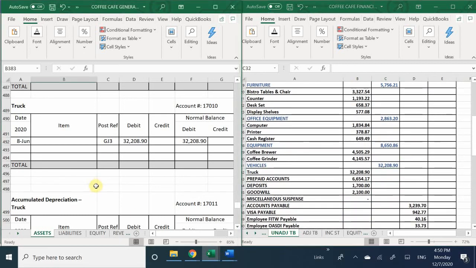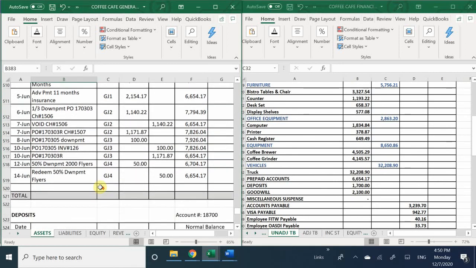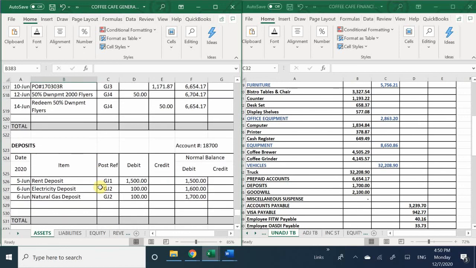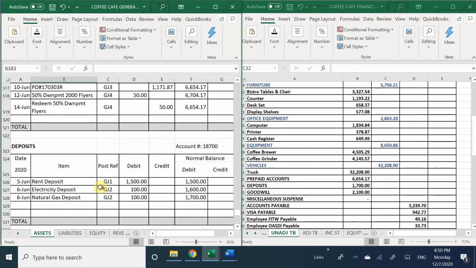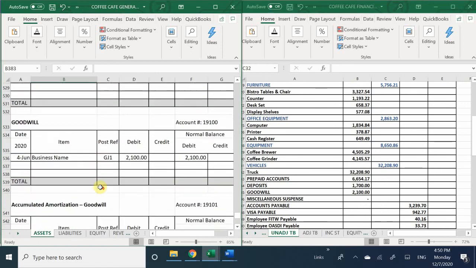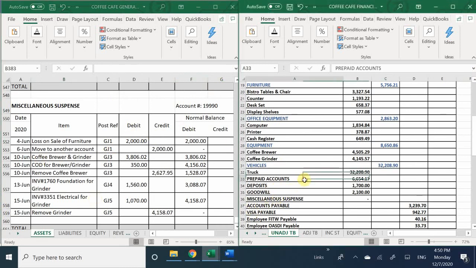Last four things: did anything happen to your prepaid amounts or prepaid accounts? No. Those are the same. And then same thing for your deposits and goodwill. Are those the same? Yes. And your miscellaneous expense? Oh, I have nothing in there. So no, it's still nothing.